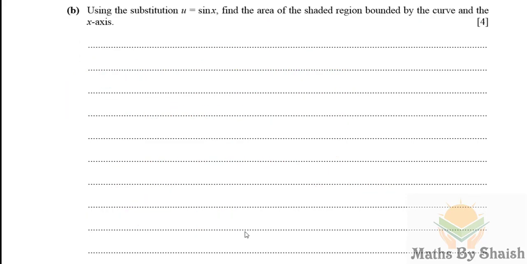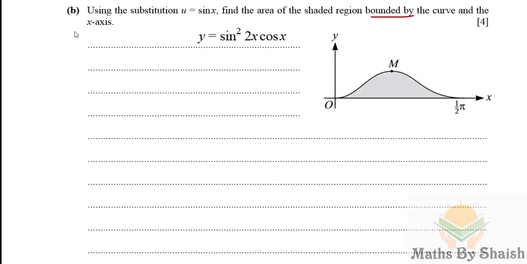Here's the B part. Using the substitution u equals sine x, find the area of the shaded region bounded by the curve and the x-axis. So I'll bring the function curve as well as the diagram of it. Now from here we can see y equals sine square 2x. If we substitute u equals sine x, we are going to substitute everything.